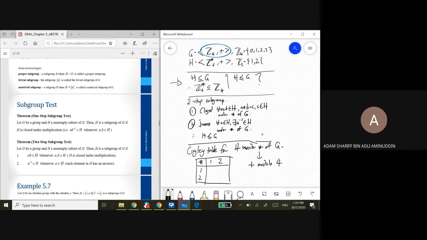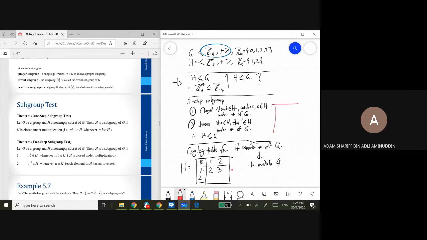Therefore, in order for me to develop this Cayley table for H, which is Z3 star, for the elements from Z3 star, this time you apply the binary operation of G. So 1 plus 1 is 2, 2 modulo 4 is 2. 1 plus 2 is 3, 3 modulo 4 is 3. For those of you who already know how to develop the Cayley table, this is not under the binary operation of Z3 star.